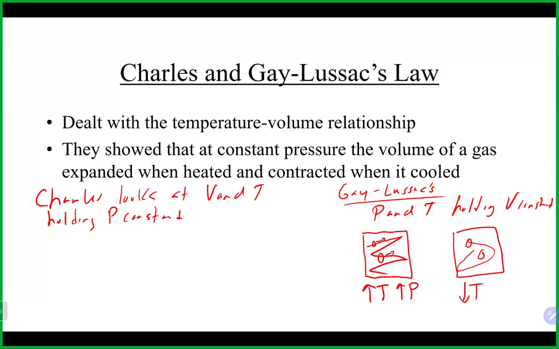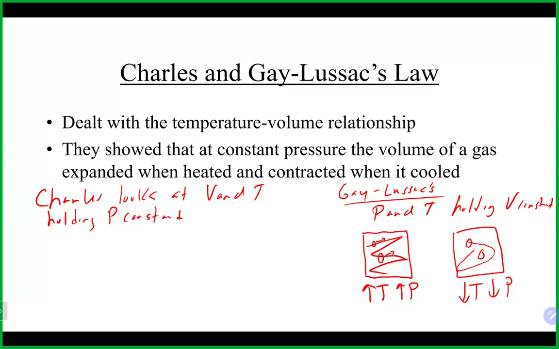And because the collisions slow down, we will see the pressure start to drop. So the temperature determines basically how many collisions we're going to have. Increasing the temperature, more collisions, more pressure, and lowering the temperature, fewer collisions and lower pressure.